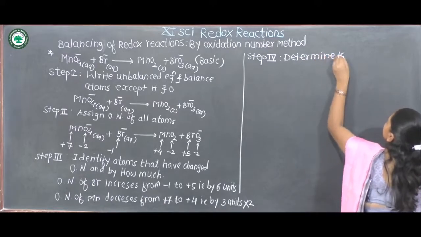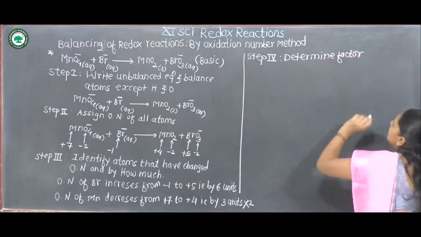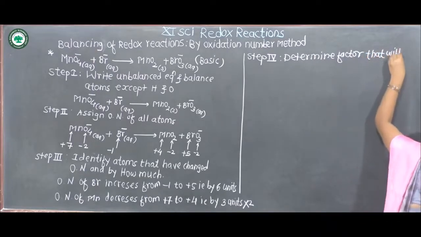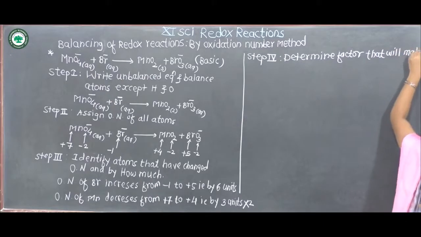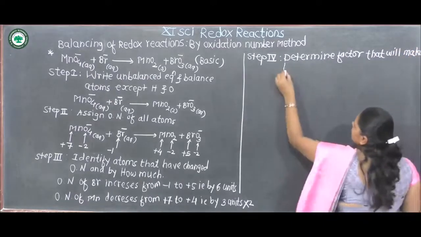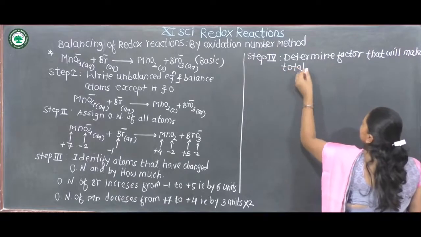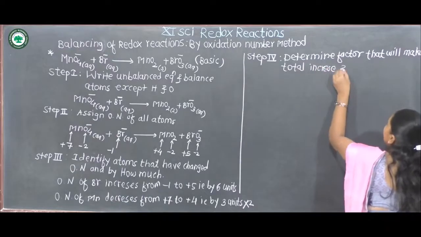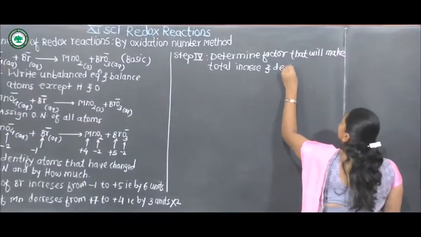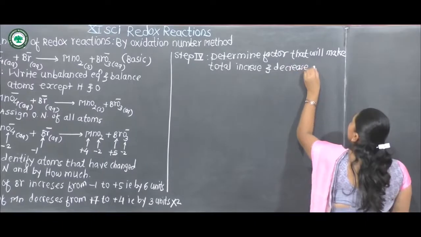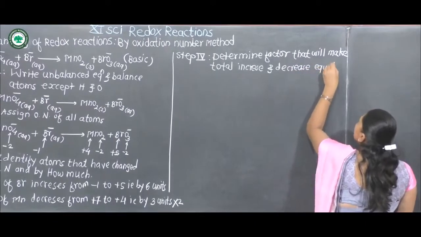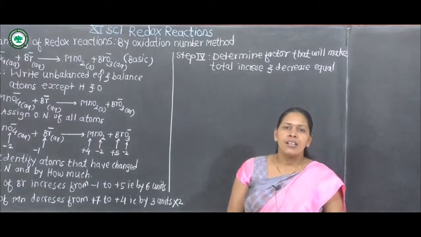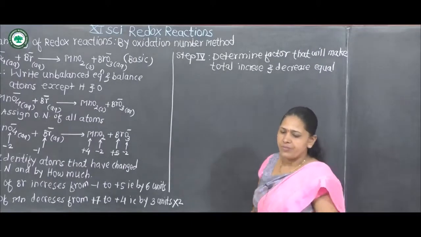Determine the factor that will make the total increase and decrease equal, and insert those coefficients in our unbalanced chemical equation.